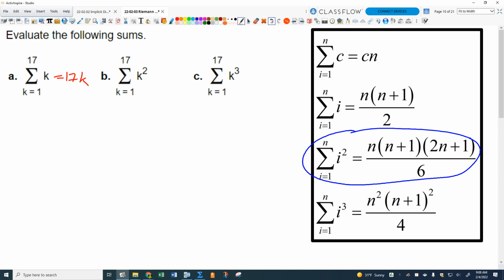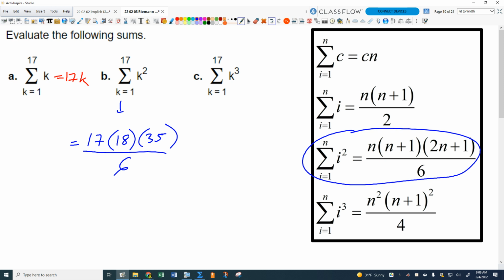So the sum of k squared from 1 to 17 is going to equal n, or k in this case, right? This uses n's, this uses k's. 17 times 18 times 35, divided by 6.